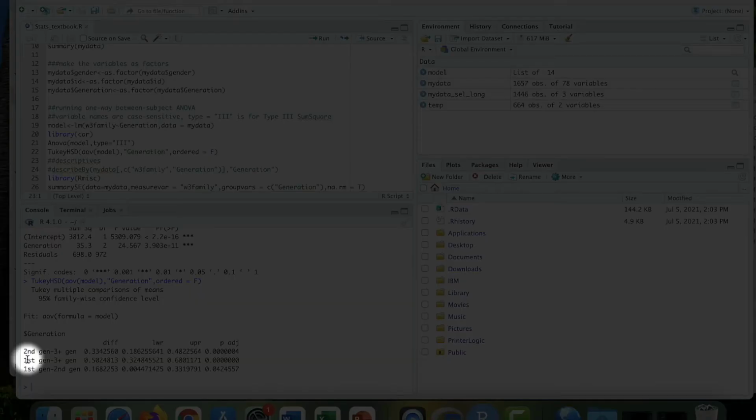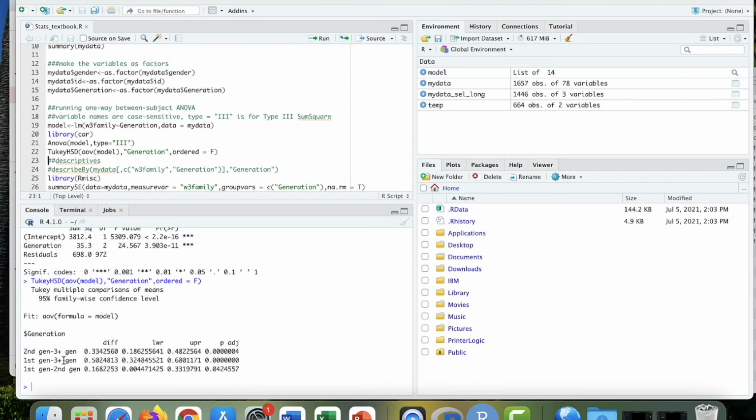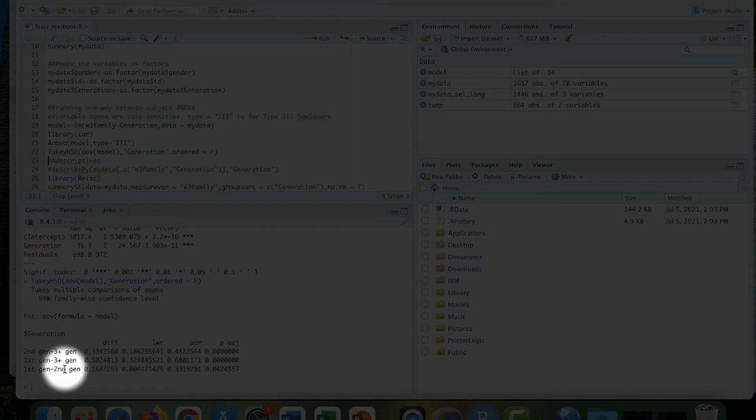Now let's compare first generation to third generation, and we see that that difference is also statistically significant, and it's also positive. So the population mean for first generation students is higher than the population mean for third generation students on family orientation. Finally, we can compare first and second generation.